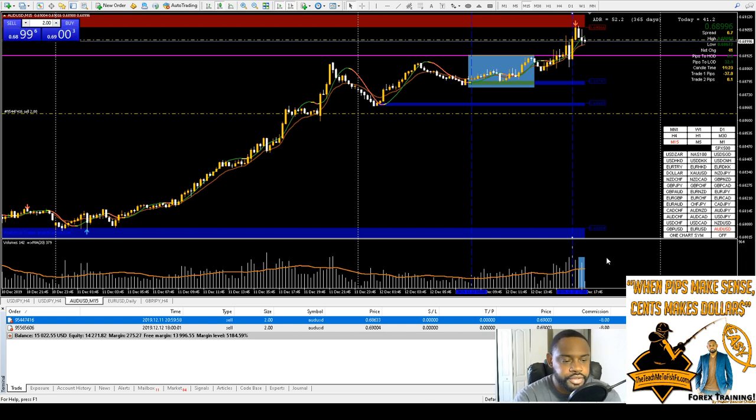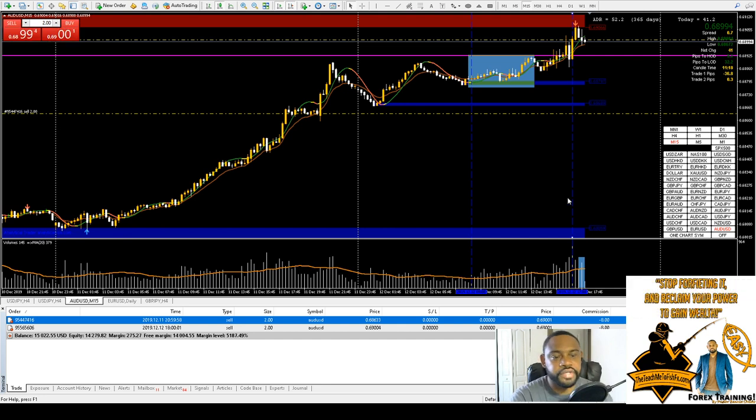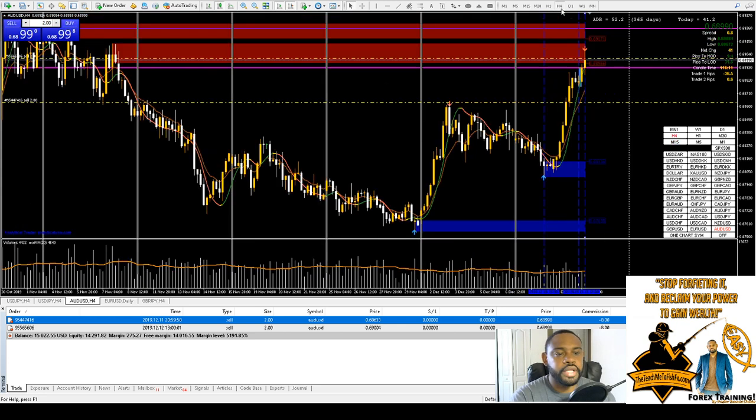We're up 2 pips on that trade. We'll see if it comes back down to this one. Maybe I can minimize the loss on that one, but I just don't know how far it's gonna come down. I can project that it'll come down to this level here.